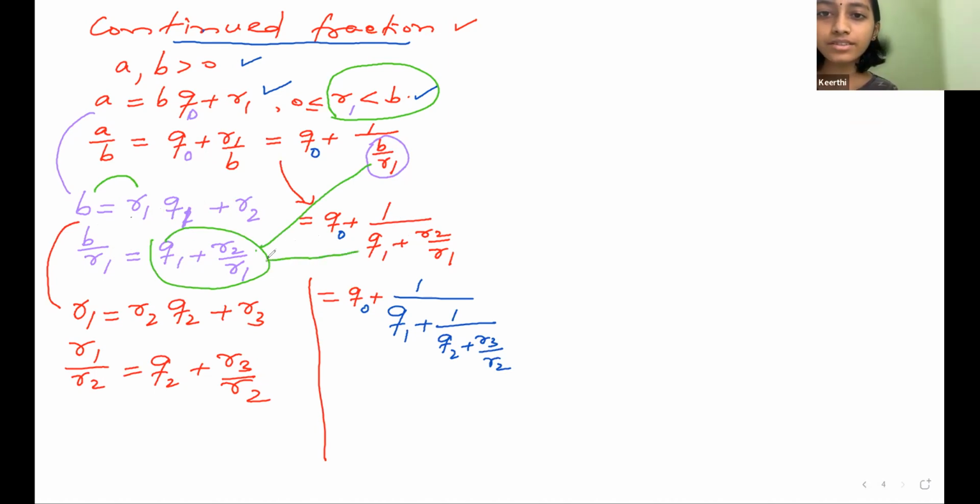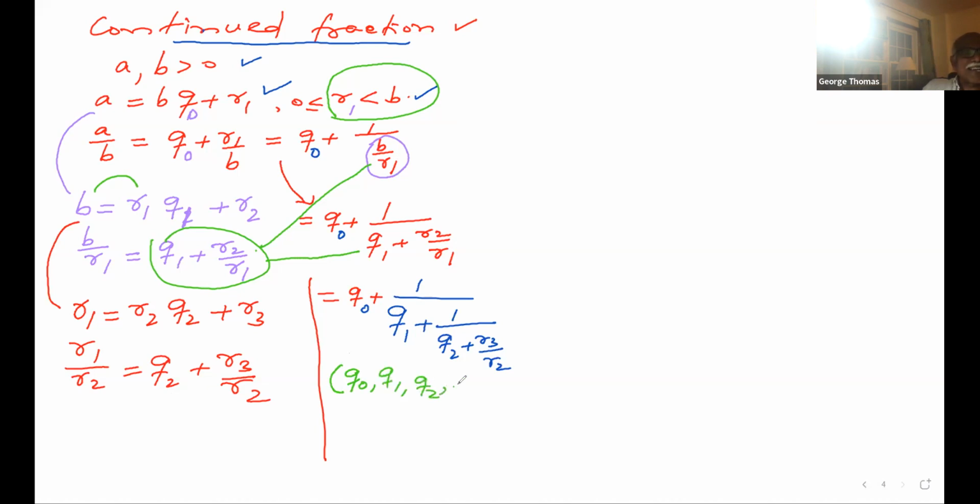This is clear. It will be in the notes I sent you. And you repeat this. So this continued fraction is written like Q0, Q1, Q2, etc. Finally, the greatest common divisor.